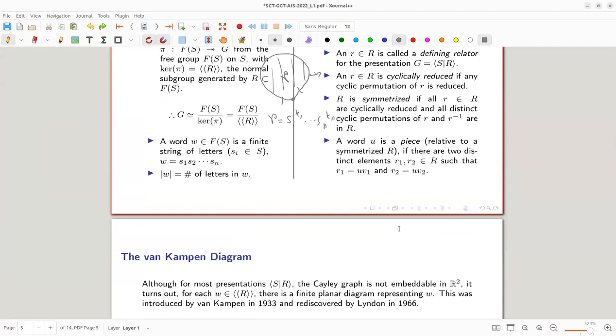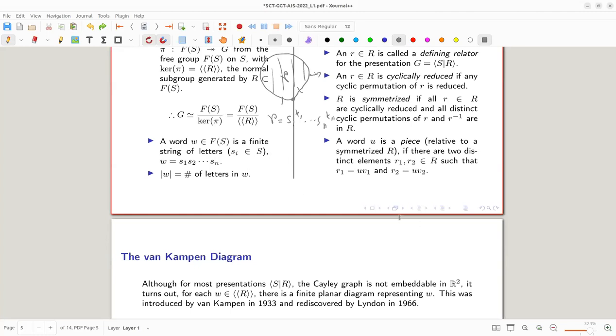For example, if I take A B A inverse B inverse, which presents Z cross Z, and take a cyclic permutation, you can start from B: B A inverse B inverse A, something like that. So you take all the cyclic permutations of that.